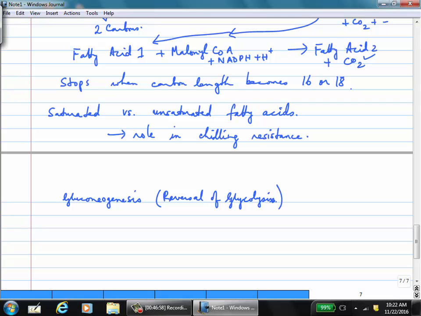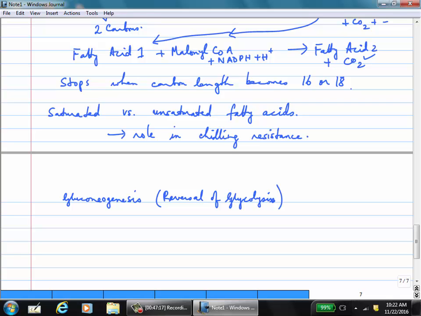All right, before that, any questions so far? As I said before, when you're looking at glycolysis, that pyruvate kinase reaction is not reversible. The other steps you can reverse by using phosphatases instead of kinases.